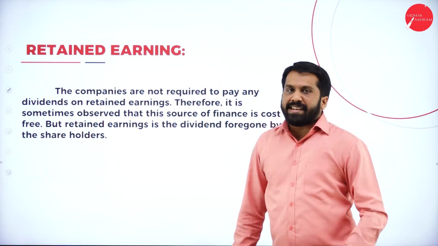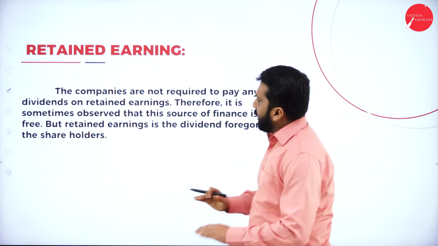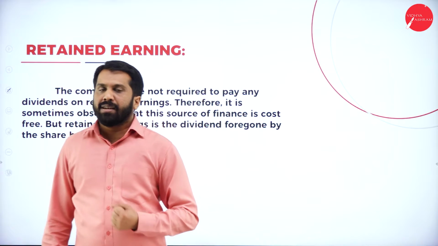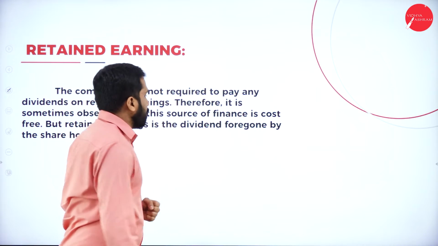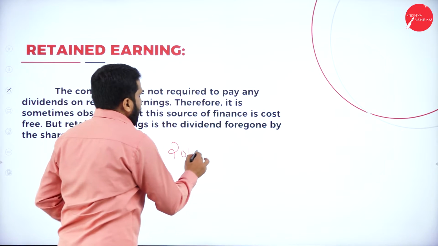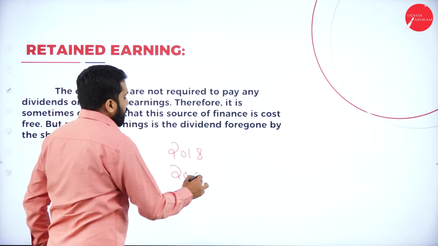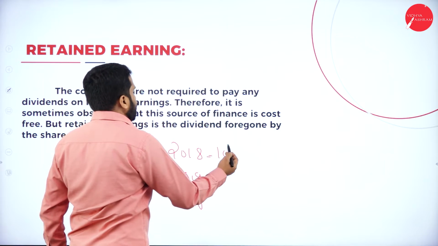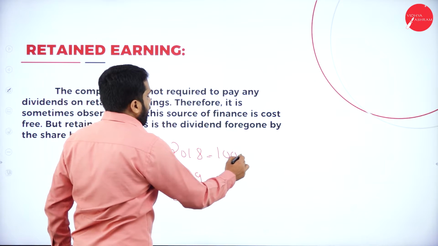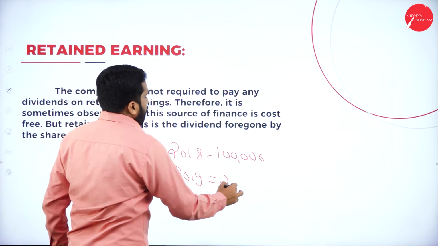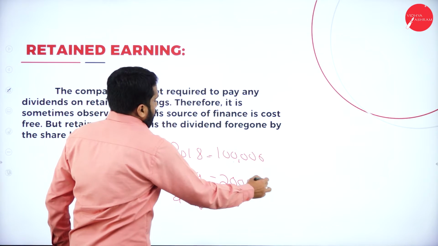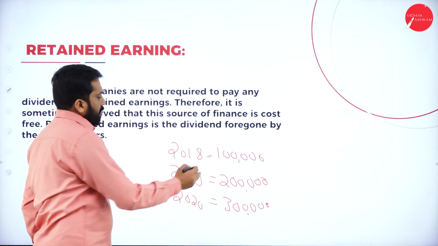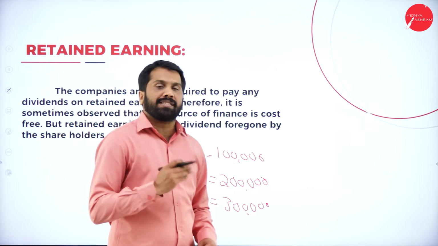Next one, retained earning. We are not supposed to pay anything for retained earning. Why? Because it is your own savings. For example, in 2018, 2019 and 2020, your profit is 1 lakh, then 2 lakh, then 3 lakh. What will be your savings?